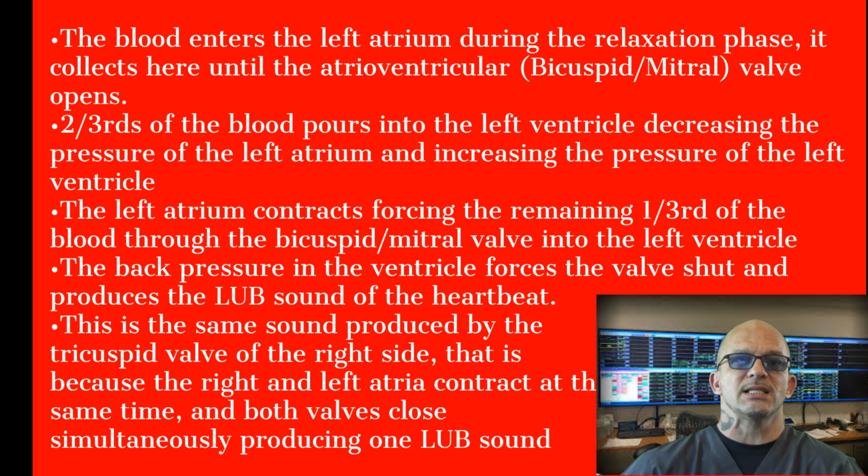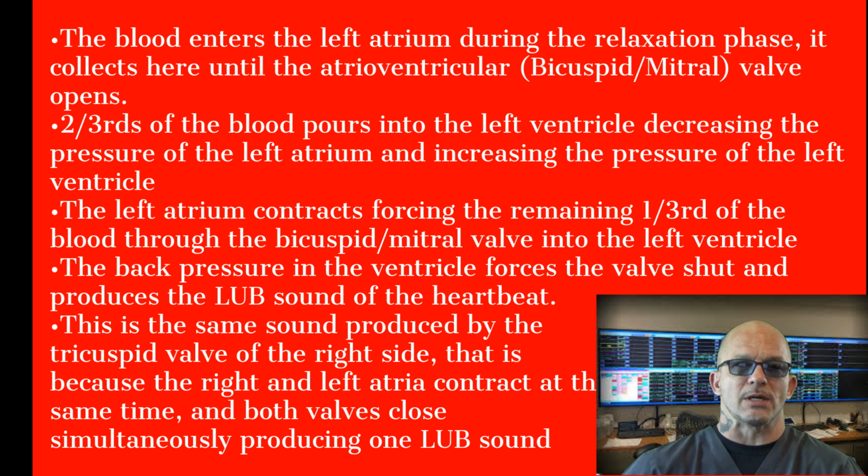Just like on the right side of the heart, 2/3 of the blood pours into the left ventricle, decreasing the pressure of the left atrium and increasing the pressure of the left ventricle. The left atrium contracts, forcing the remaining 1/3 of the blood through the bicuspid or mitral valve into the left ventricle. The back pressure in the ventricle forces the valve shut and produces the lub sound of the heartbeat.